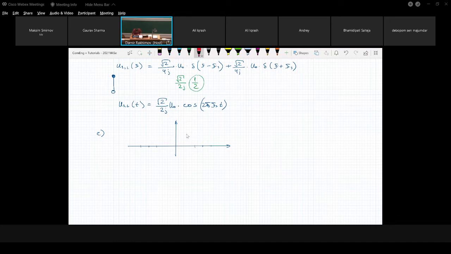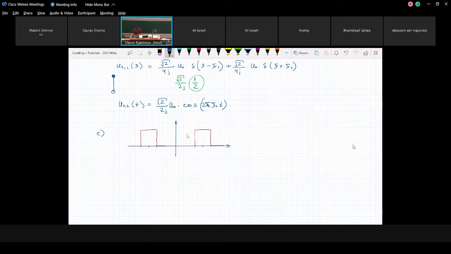Okay, and we have a rectangular function at positive frequencies, another rectangular function at negative frequencies. We have zeros on the side. Okay, this is our transfer function.